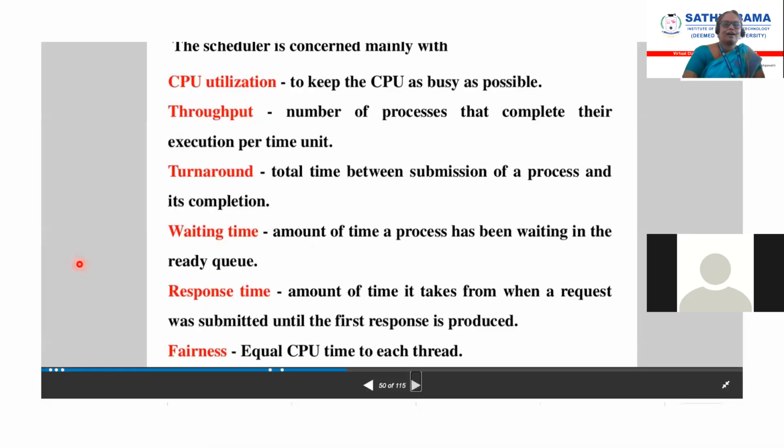So I think 68 participants are there. Okay, very good. Anshuri, kindly read this. Anshuri, are you there? I have to call.